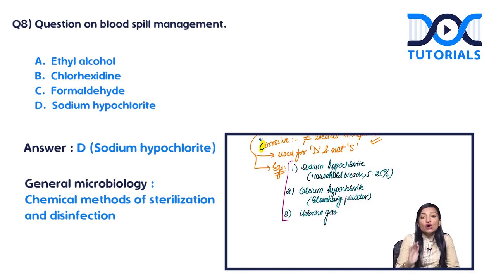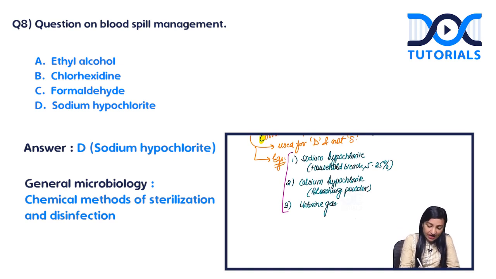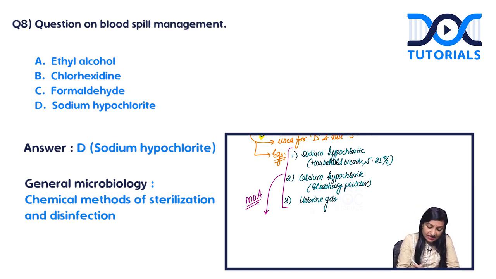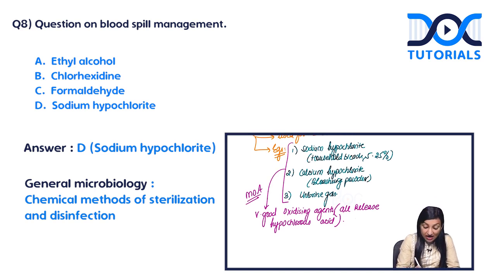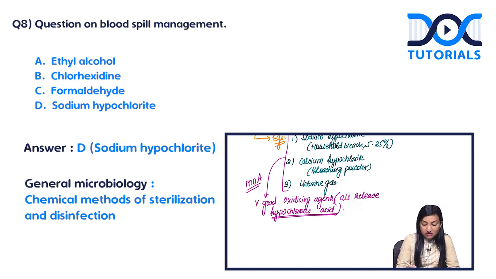Alright, so these are the important compounds which are derived from chlorine, and no matter which compound it is, they all have the same mechanism of action, guys. And what is that? The MOA, that is the mechanism of action of all the chlorinated compounds, is that they are very good oxidizing agents. All of these compounds release what is known as hypochlorous acid, and the oxidizing capability of these compounds is by virtue of this acid only, that is hypochlorous acid, HOCl.